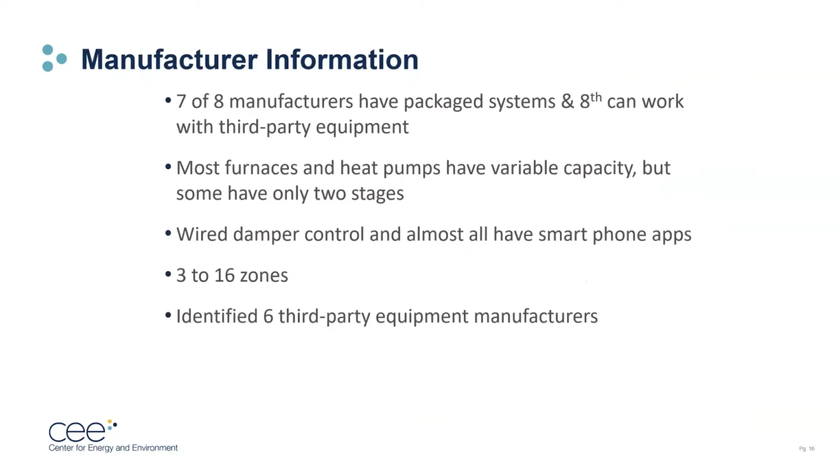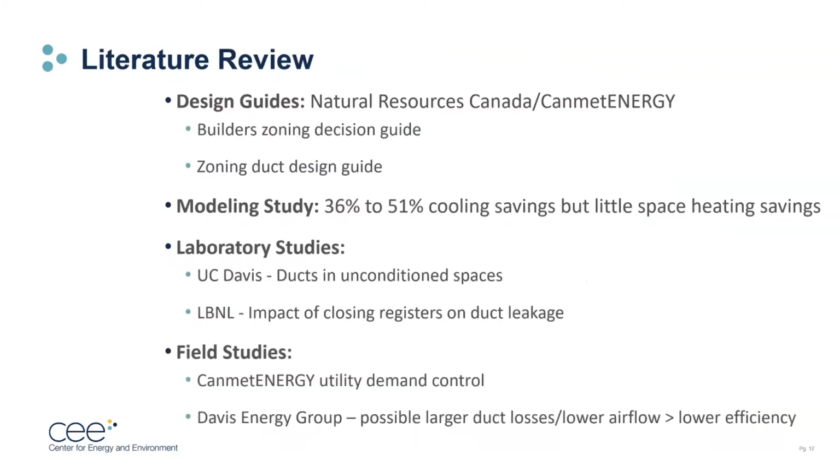Most of the furnaces and heat pumps have variable capacity, but some have only 2 stages. The packaged equipment use wired dampers, and almost all of them have smartphone apps for control. And depending on the manufacturers, the systems can control anywhere from 3 to 16 zones. We also researched equipment from third-party manufacturers and found 6 of those manufacturers that have zoning equipment.